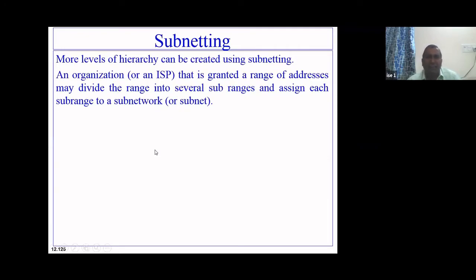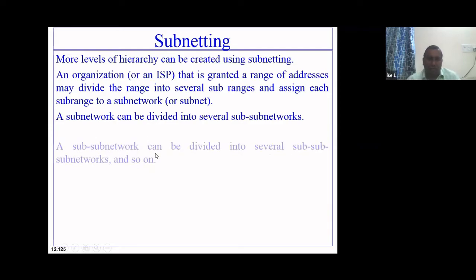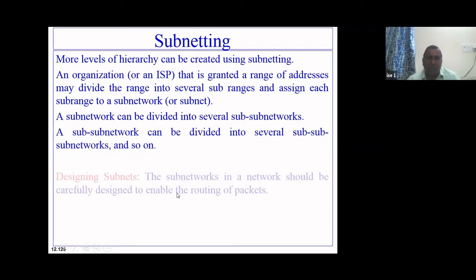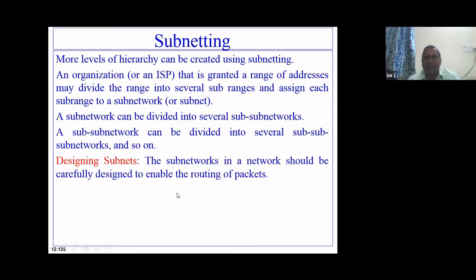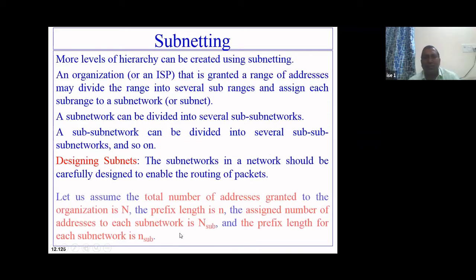Now here, in the hierarchy what we had seen yesterday, we can use subnetting. That means of a given network I can create many subnetworks. Of course, so far it has not been asked in examination, but anyway I'd prefer to explain the concept.